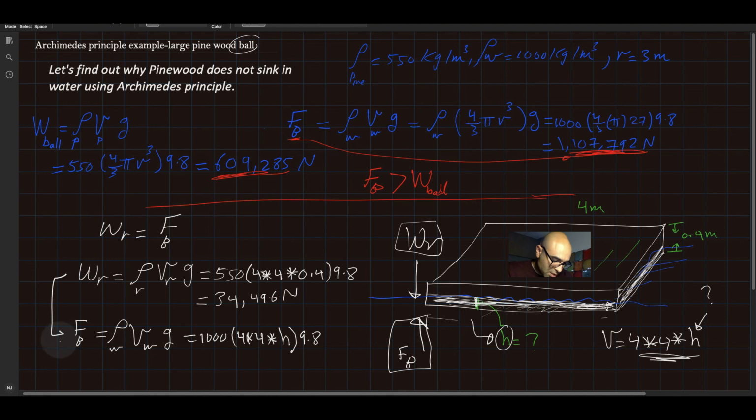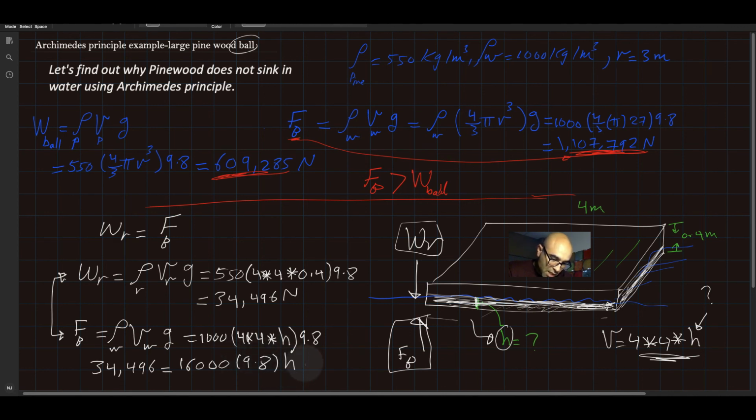Now these two quantities are equal. If you put them equal to each other, you can find out that the only unknown is h. So 34,496 is equal to 4 times 4 is 16, so that's 16,000 times 9.8 times h.